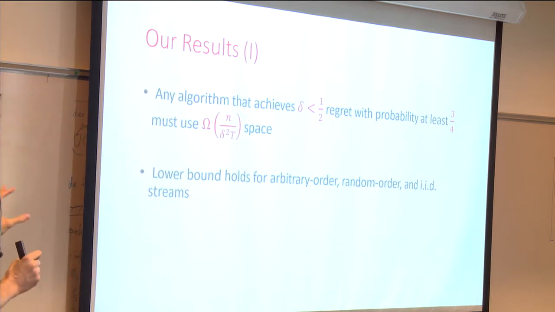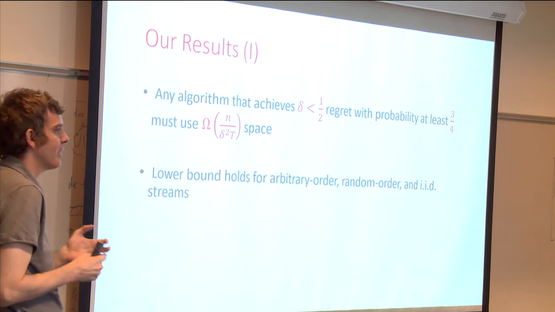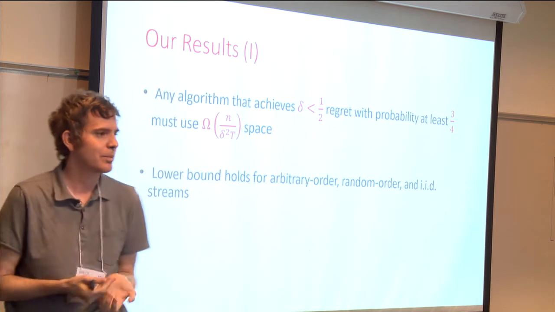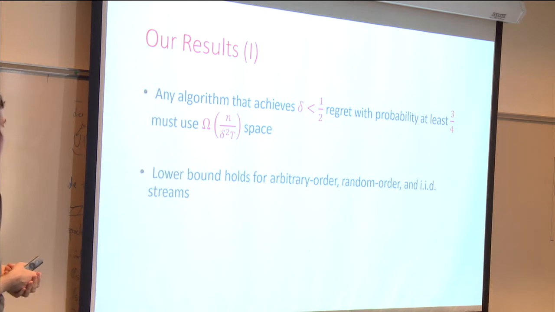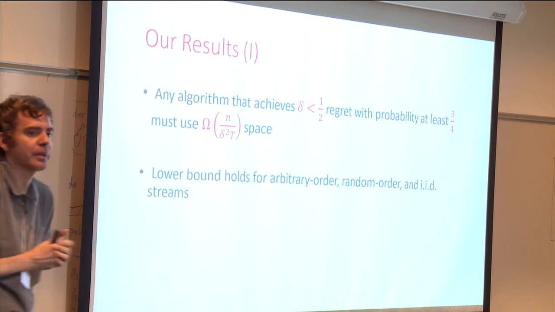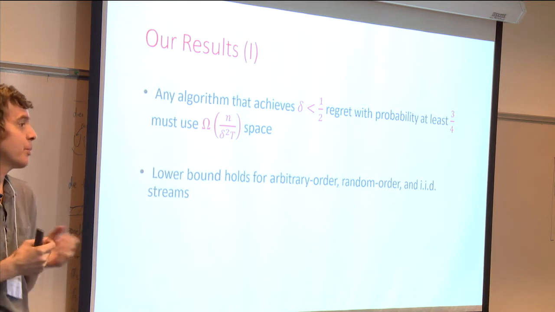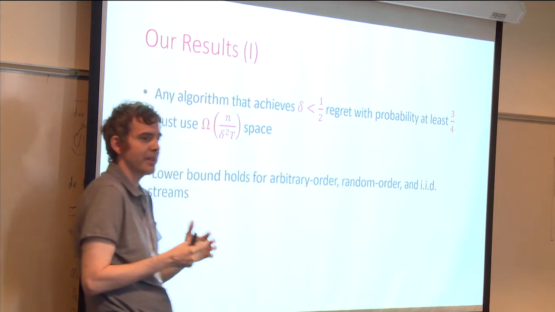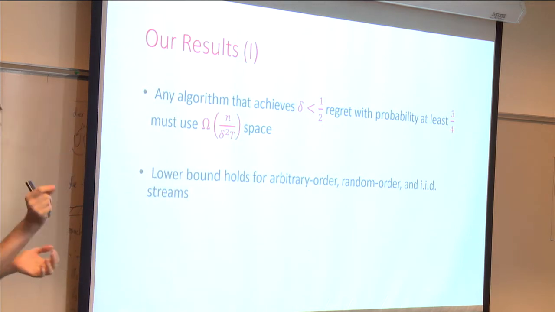Okay, but this doesn't rule out the possibility that if you want a small constant regret, and maybe delta is 1%, maybe you can get memory which is theta n over t, which can be significant if the number t of days is large. Right? It's significantly less than this omega n memory algorithm that just stores a weight for every expert.